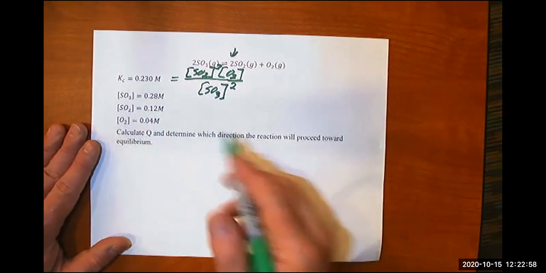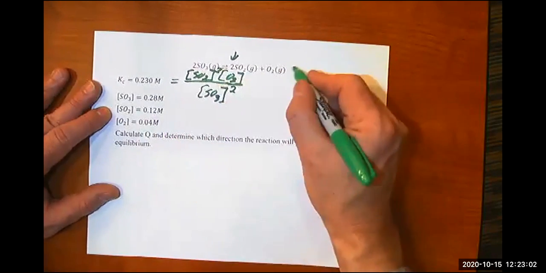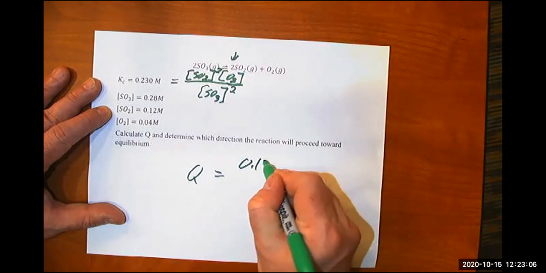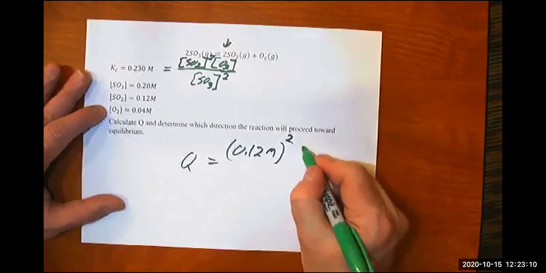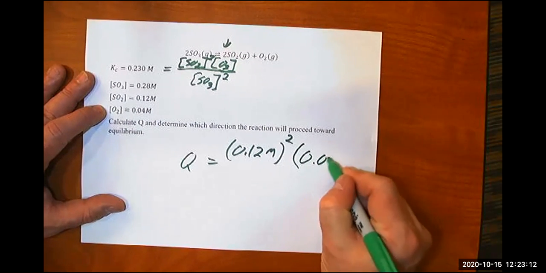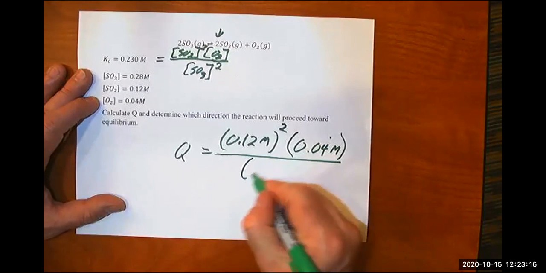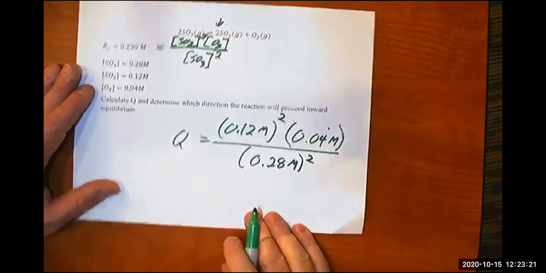So let's see what we have. For our Q, it's going to be 0.12 molar squared times 0.04 molar over 0.28 molar squared.